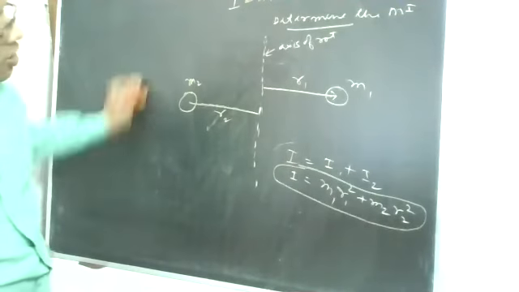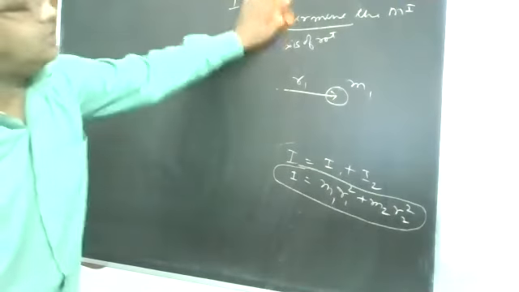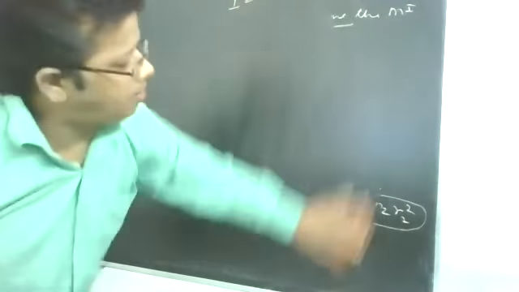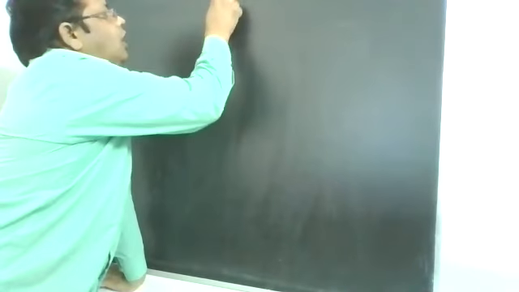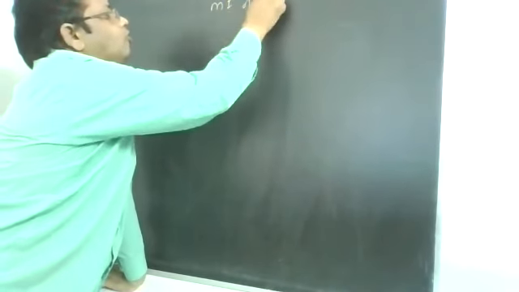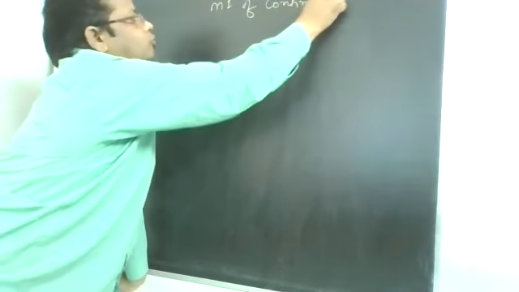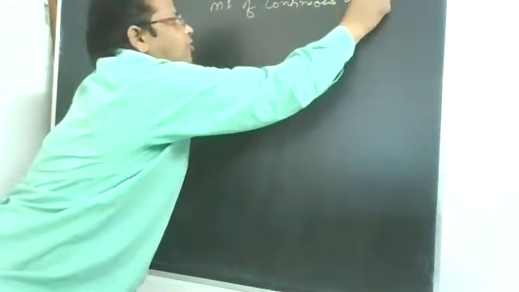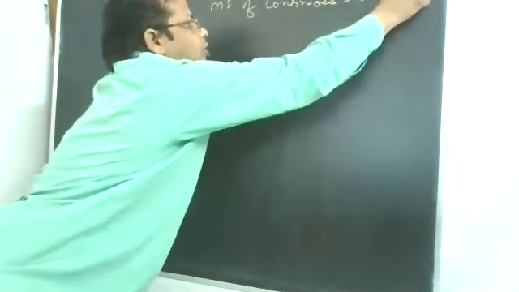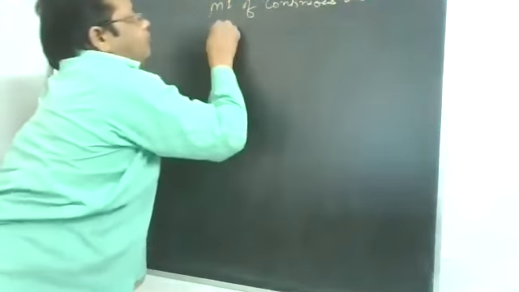Now all of you see, if you are asked to determine the moment of inertia of a body whose mass is continuously distributed, so moment of inertia of a continuous distribution of mass.